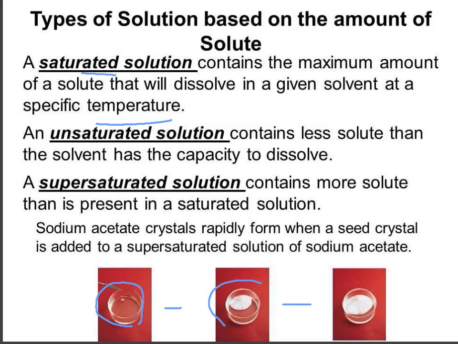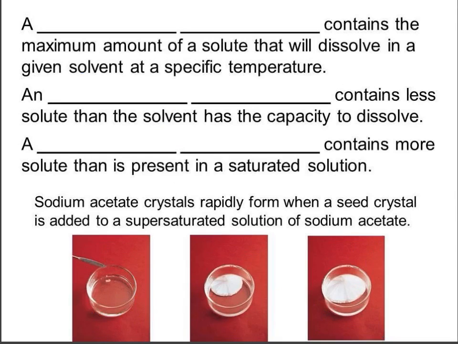For the case of an unsaturated solution, we have a higher number of sodium acetate crystals. And lastly, when it is supersaturated, we come up with a higher number of sodium acetate crystals.